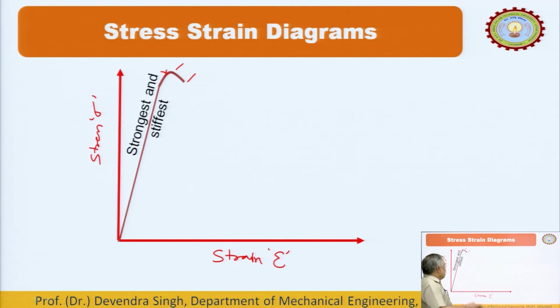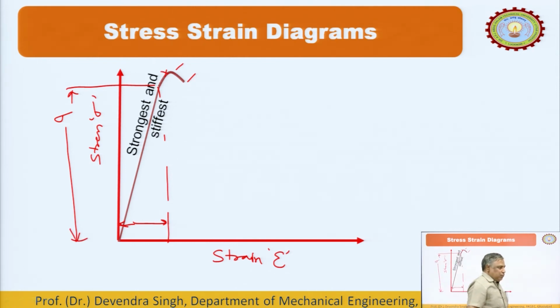This is the stiffest, the steep curve. There is very little elongation and the stress level is very high. So, this is called a stiff, rigid material. This is the strongest and stiffest material, meaning stress is more and strain is less.